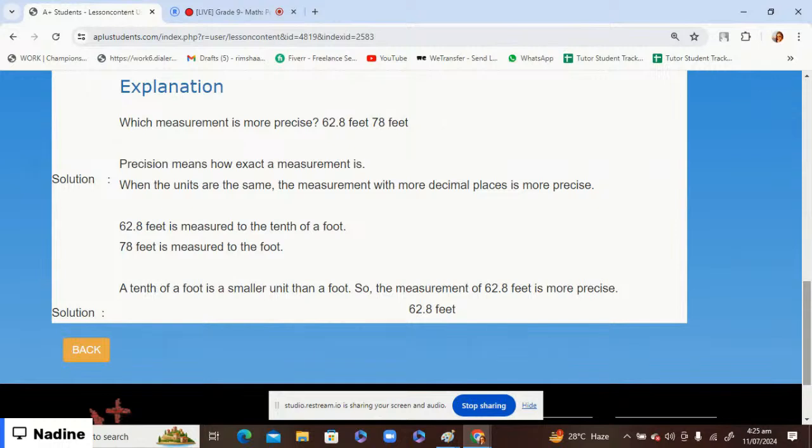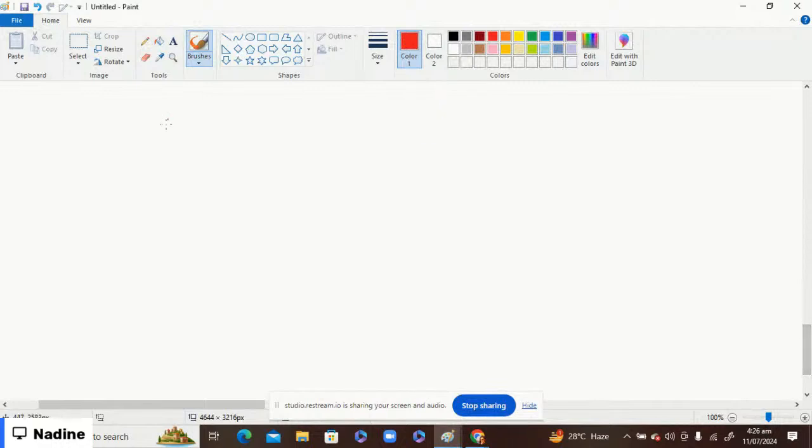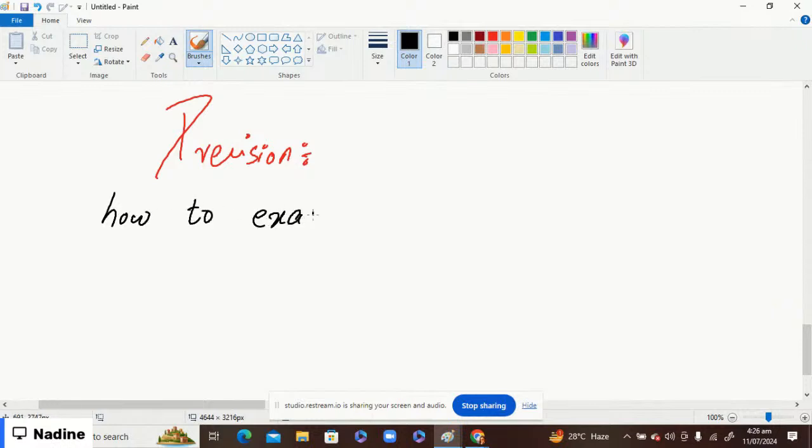So what is precision? I'm going to tell you all firstly. Precision is basically how exact a measurement is.